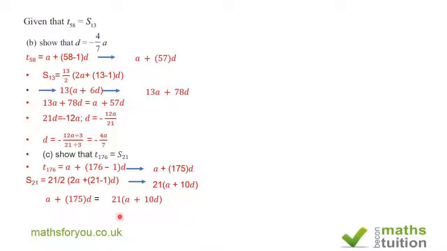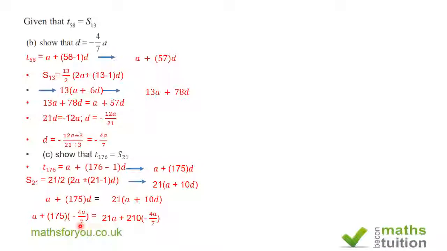So we need to substitute this value of d into there and there. So we now have a plus 175 multiplied by minus 4a over 7, and that's equal to 21a plus 210 multiplied by minus 4a over 7.